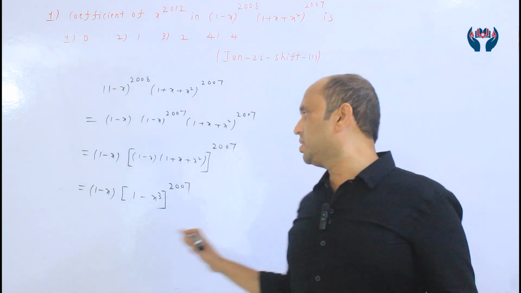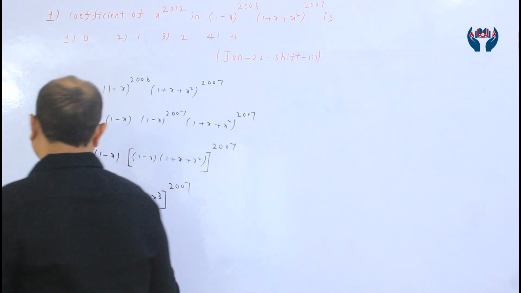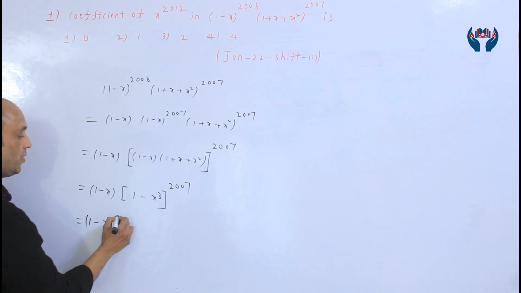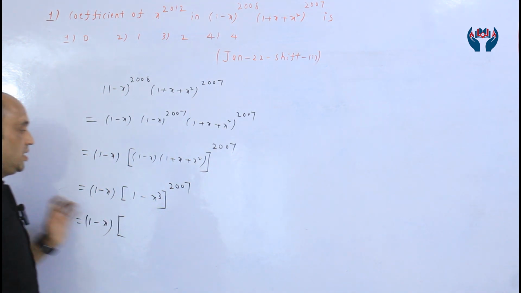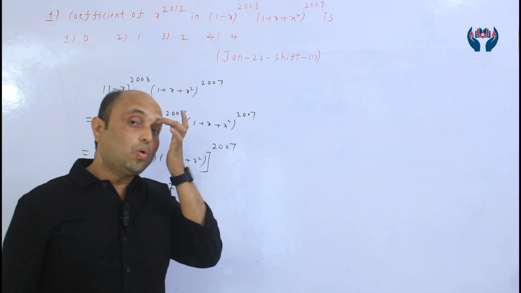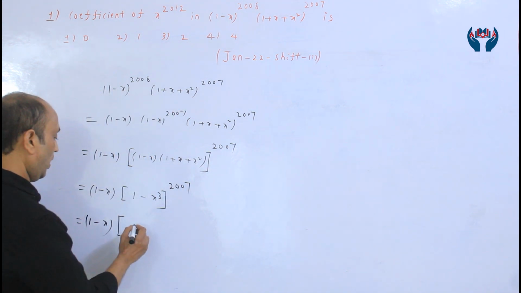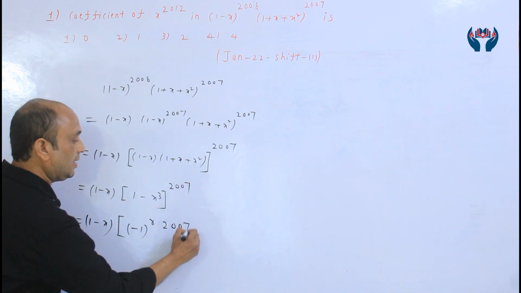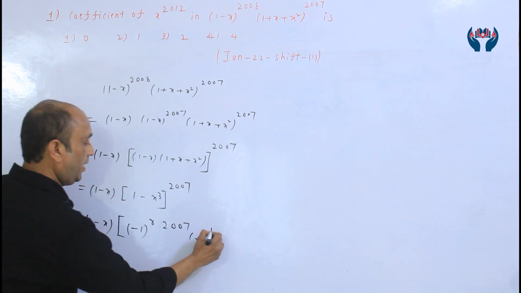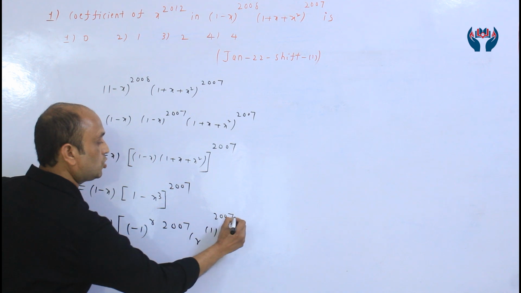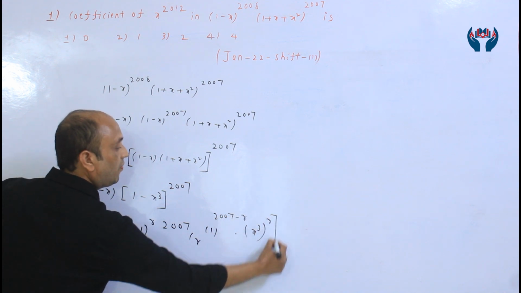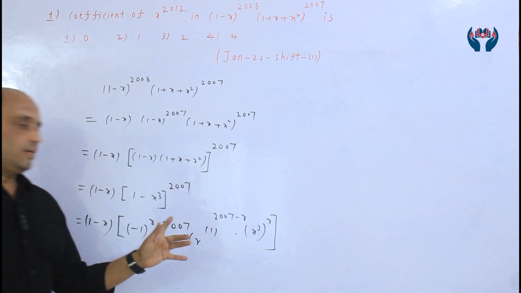The general term in x minus a whole power n is minus 1 whole to the power of r, nCr, x to the power of n minus r into a to the power of r. This is the general term.